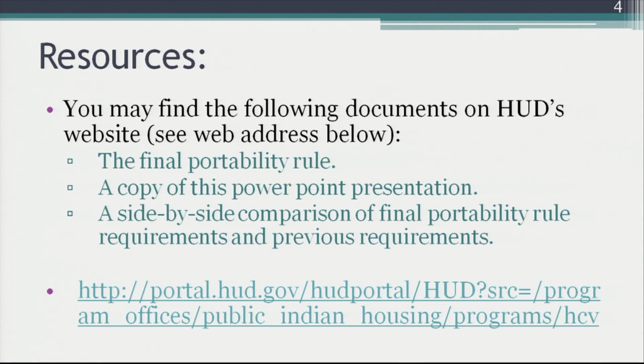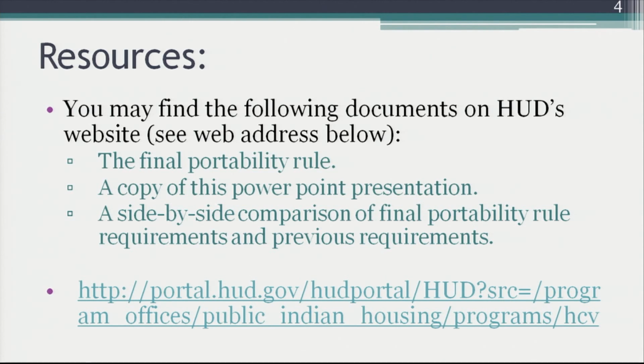Some of the resources that are available to you now on our website is a copy of the final portability rule as published in the Federal Register. A copy of this PowerPoint presentation will also be made available on our website. And we have also put together a sort of reference guide for you through a side-by-side comparison of the final portability rule requirements and previous requirements under previous regulations.